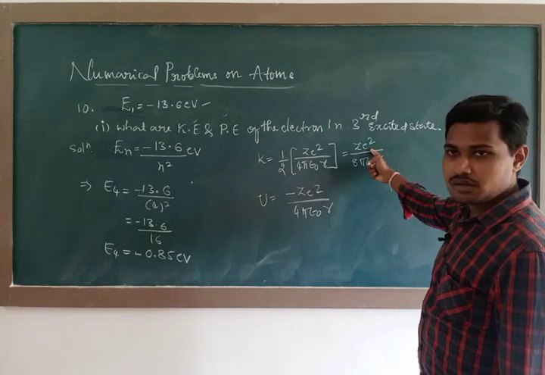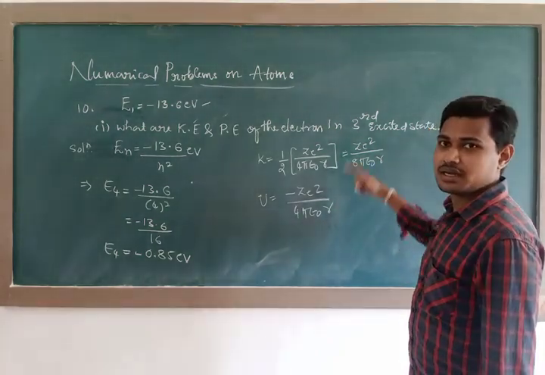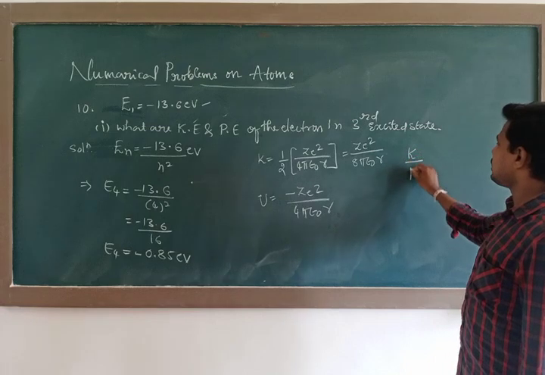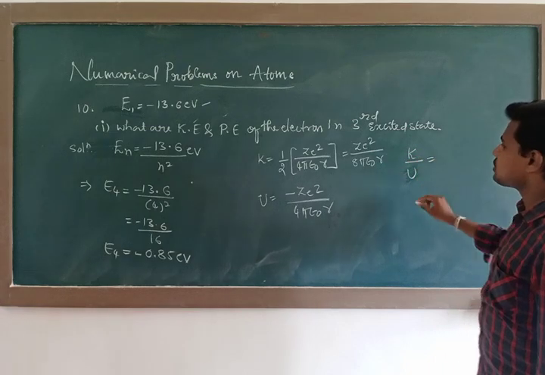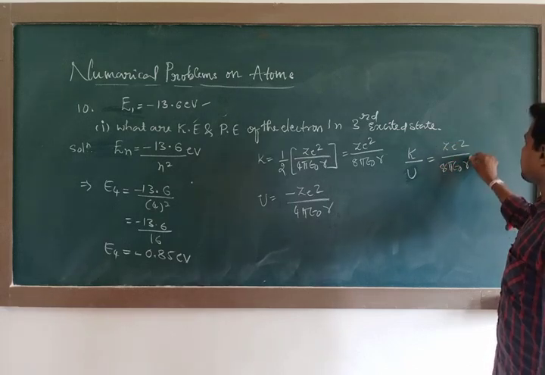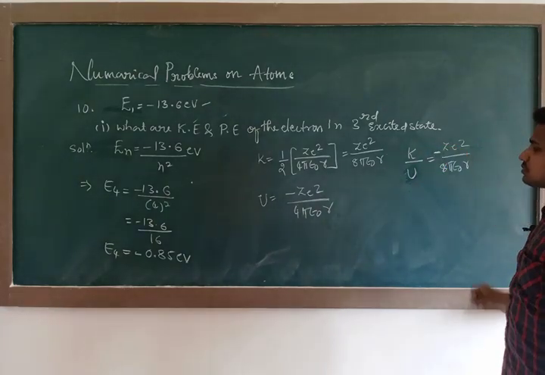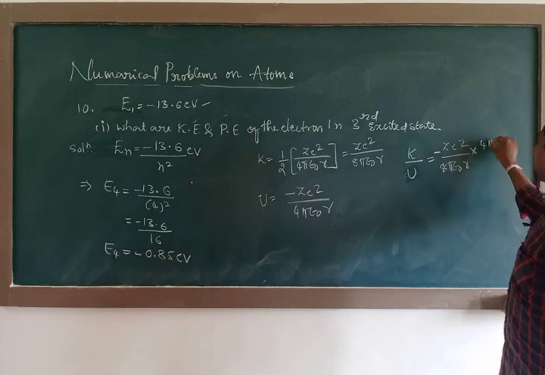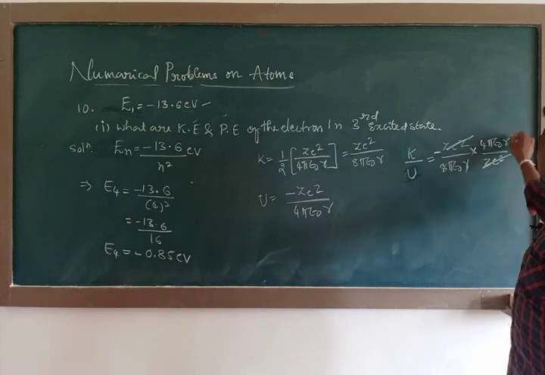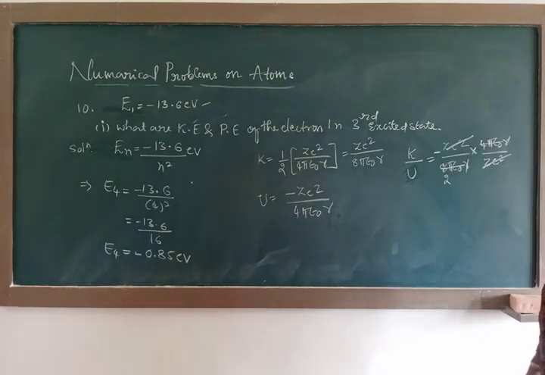If you divide kinetic energy by potential energy, what happens? This is ZE square by 8 pi epsilon naught R upon minus ZE square by 4 pi epsilon naught R. So this becomes 4 pi epsilon naught R divided by ZE square, and 4 pi epsilon naught over 8 pi epsilon naught gives a half.